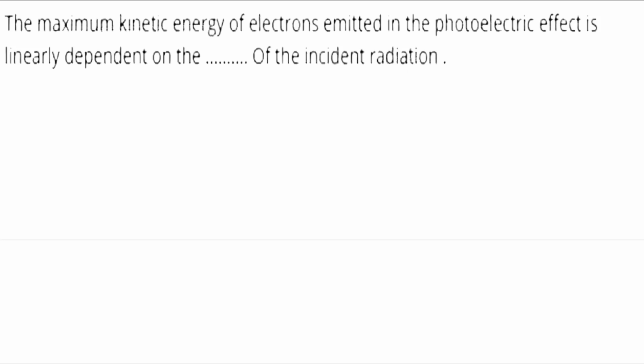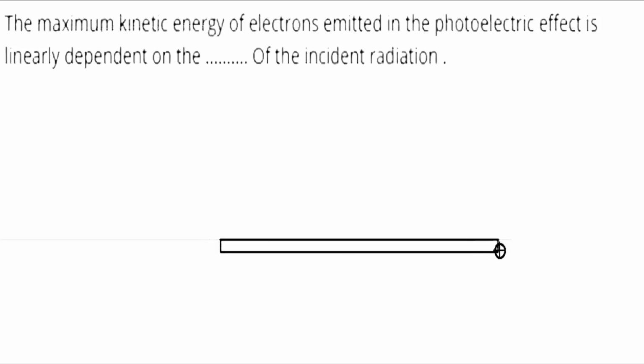Here the question is: the maximum kinetic energy of electrons emitted in the photoelectric effect depends linearly on the dash of the incident radiation. So first let's understand what photoelectric emission is. Suppose this is a metal plate having some electrons, and radiation is incident on this plate.